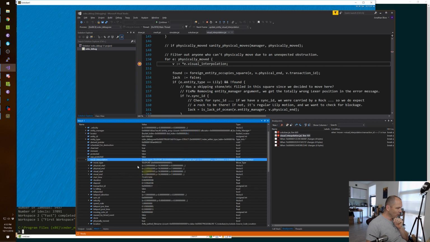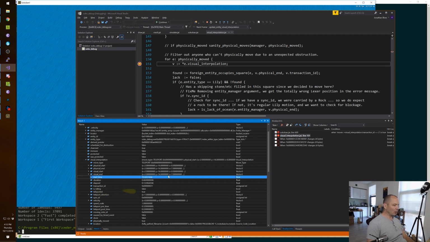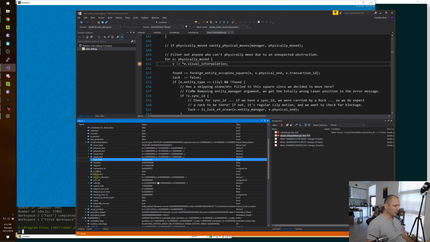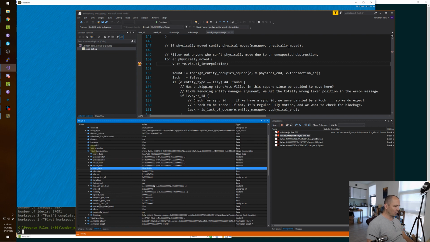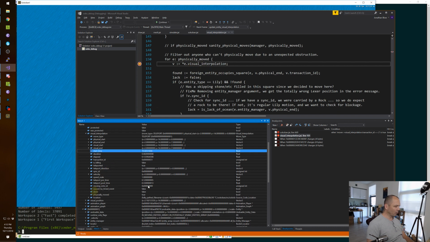This one has a start time that's greater than 0. So they're different transaction IDs. So these guys should see each other. They should see each other. This one claims it already... Okay, never mind.